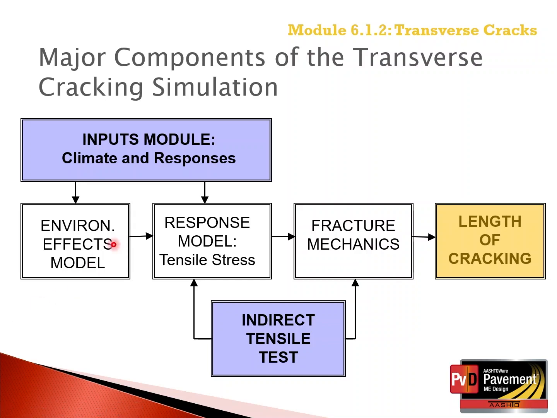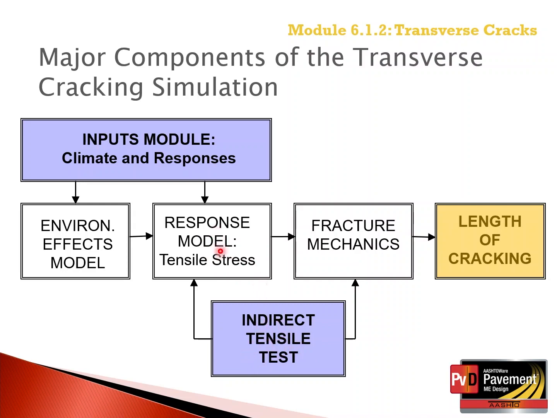So the inputs to the model include both climate and responses. Climate is from the enhanced integrated climatic model, and the pavement response model gives the tensile stress and stress intensity factors at the crack tip. The indirect tensile test provides the strength and creep compliance of the asphalt mixture.